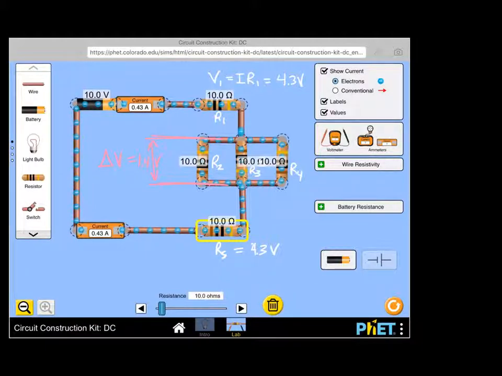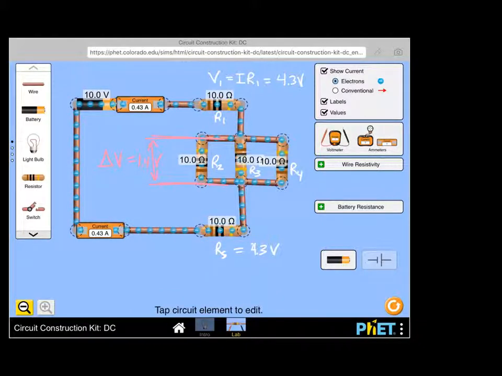So that means we can figure out what the current going through any one of these resistors is, and since they all have the same voltage and they all have the same resistance, then I2 equals I3 equals I4, which is going to equal this 1.4 volts divided by 10 ohms. And that will be just 0.14 amps, which we can verify.